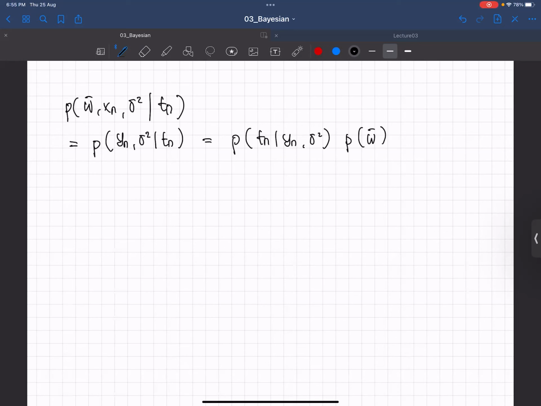By the way, this is proportional. The likelihood is a Gaussian function of Tn with mean Yn and sigma square. And this one is a Gaussian function of W bar with mean 0 and covariance I. So that's your modeling. Both of them are Gaussian functions. Any questions here? If you don't understand, please ask, because if not, you will get lost all along the way.